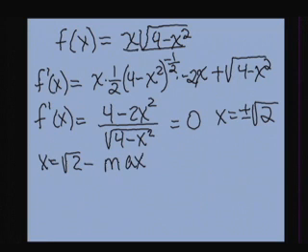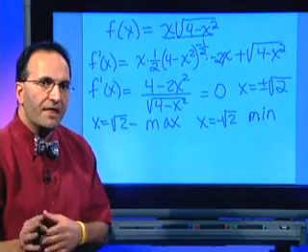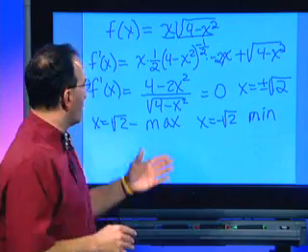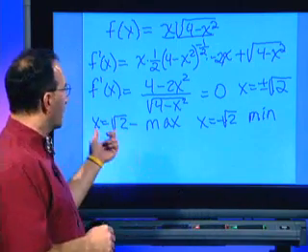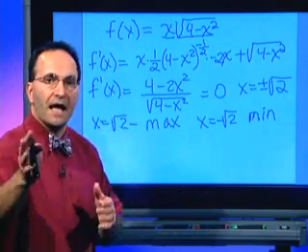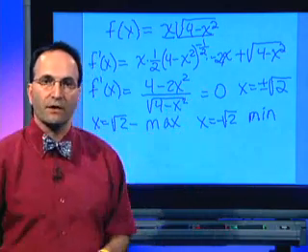And x equaling negative root 2 is going to be where the minimum occurred. And that's why looking at the graph turned out to be helpful, because we could tell from the graph that we were going to get some maximum value within this range, and when we calculated it, we get the square root of 2.